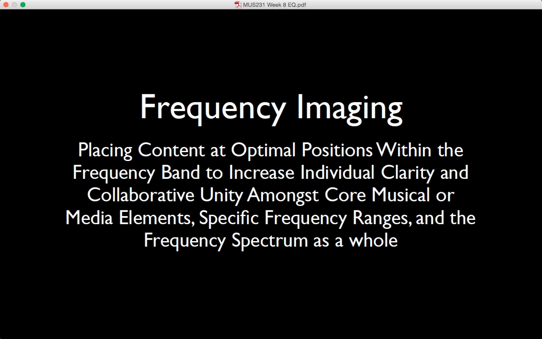Now, I'll say, notice it says collaborative unity amongst the core musical elements. A lot of times in music, we track. This is something you guys will learn as you start doing it, okay? You record in a certain method, right? And although you should record with a vision of what it's going to sound like in the mix, you don't immediately record the way you mix.